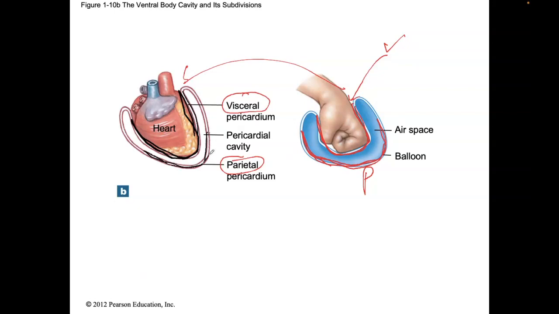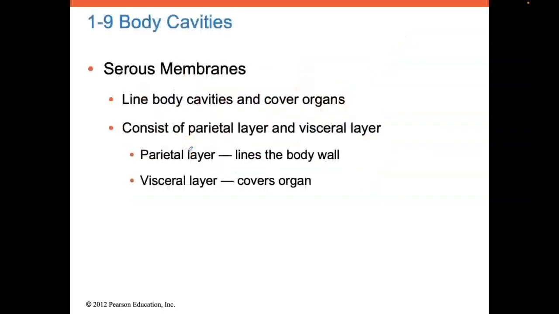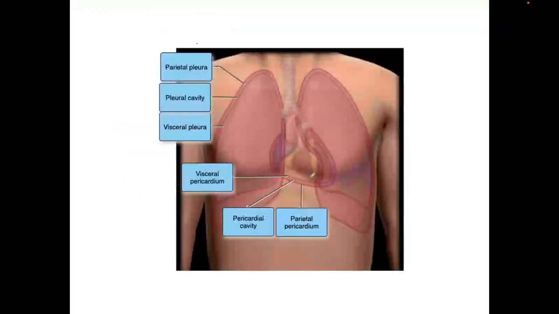But when we're talking about the heart, we don't say visceral layer and parietal layer. We'll say visceral pericardium or parietal pericardium. Peri means around, cardium is heart. Okay, so the visceral is closer to the viscera, the parietal is closer to the wall. So the parietal layer is closer to the body wall, and the visceral layer is going to cover and make contact with the organ.